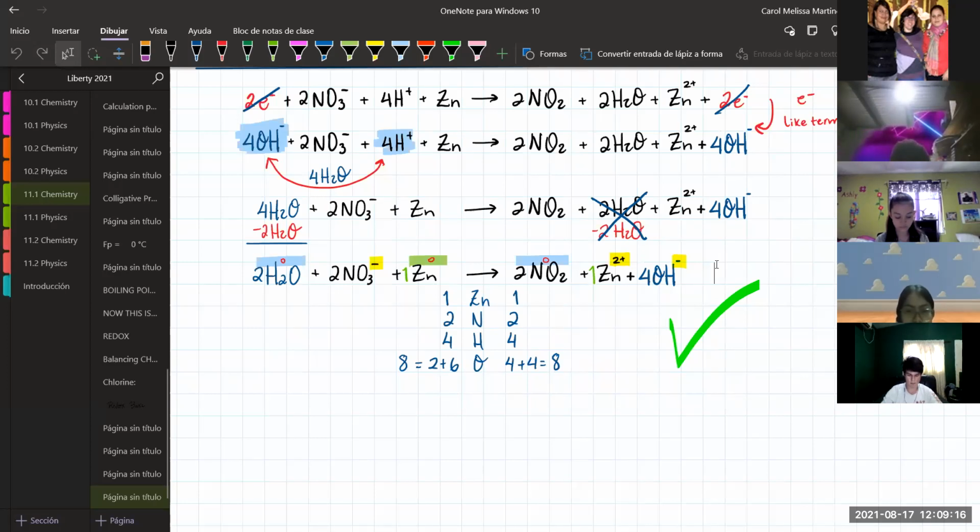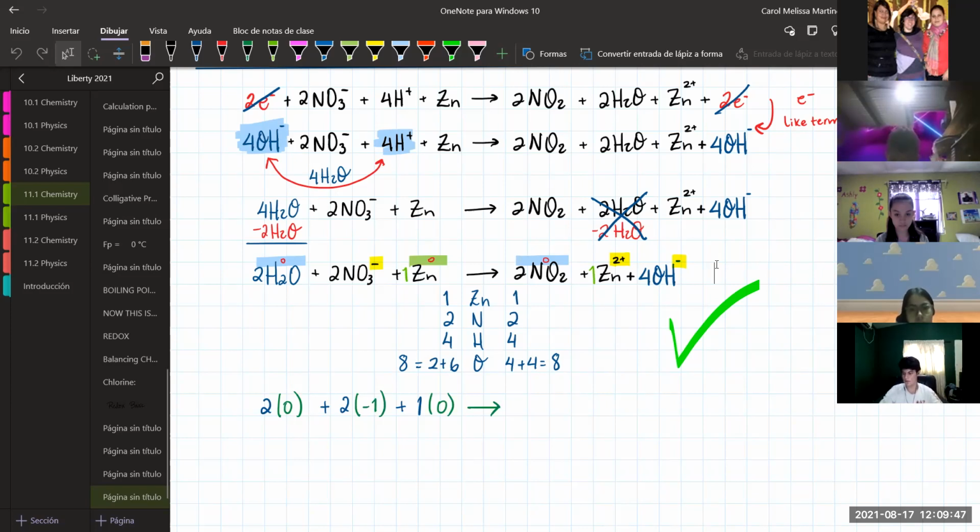I have 2 waters that are multiplied times the charge 0. I have 2 nitrates that have a charge -1. And I have invisible 1 zinc that multiplies the charge of 0, all these producing the product.